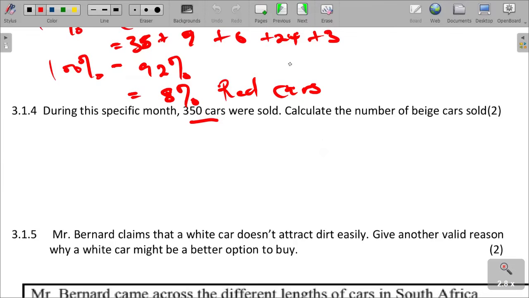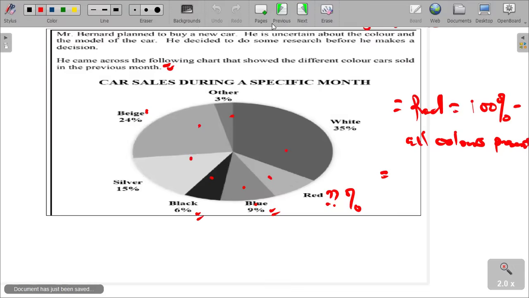We multiply 350 by the percentage of beige cars.